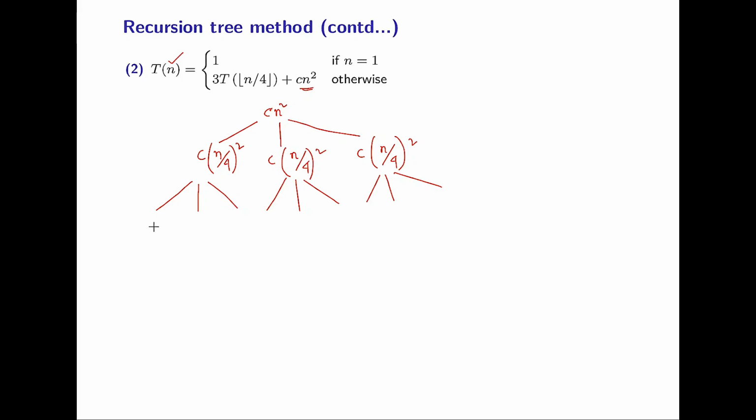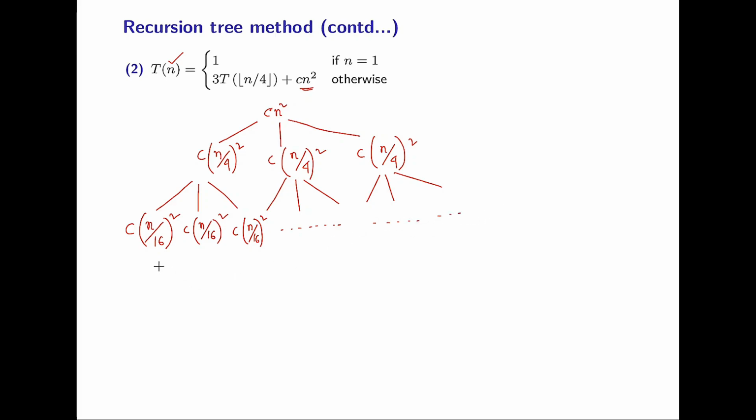Now your input is not n, it is n by 4. So what will be the cost? C (n/4 by 4), right? So C (n/16) square. Here also it will be C (n/16) square, and similarly the other nodes also C (n/16) square, like that.